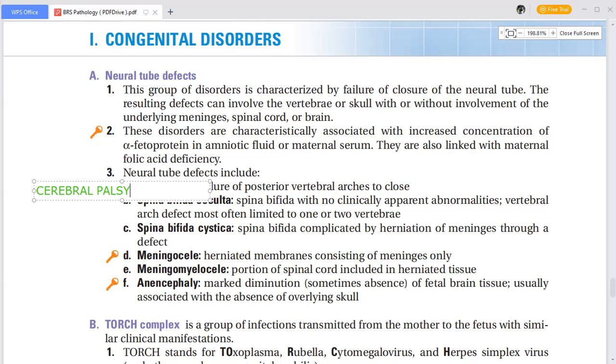That is called the fetal age of viability. If the baby is born before 28 weeks, it's going to have congenital malformations, because by that time a lot of organs haven't fully developed. So that is what causes most of the cerebral palsy. It's just prematurity.